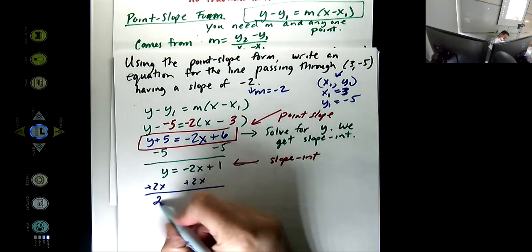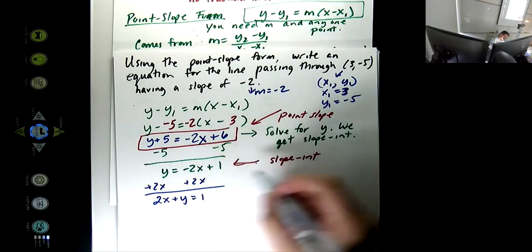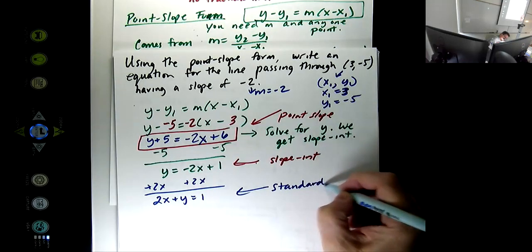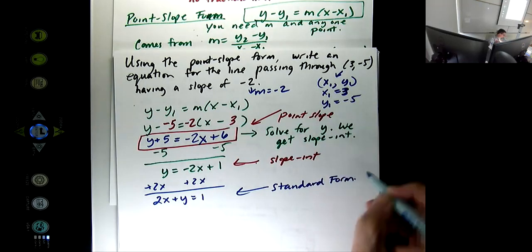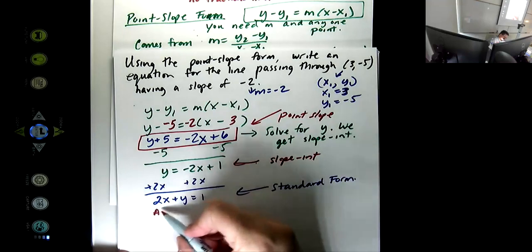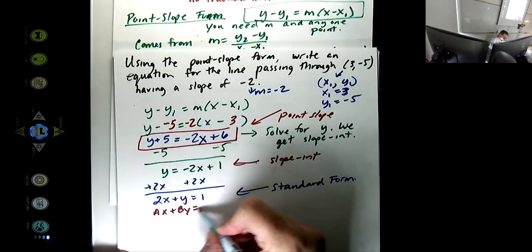We get 2x plus y equals 1, and this is standard form, the ax plus by equals c.